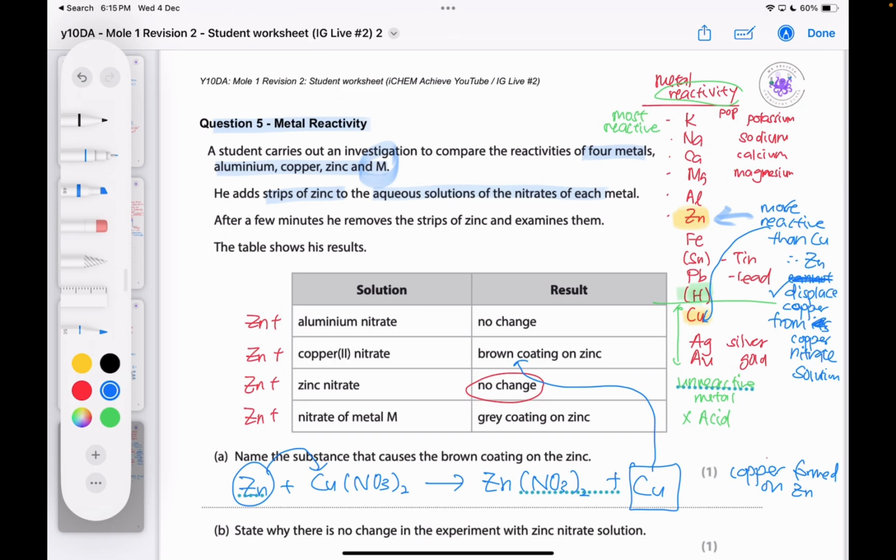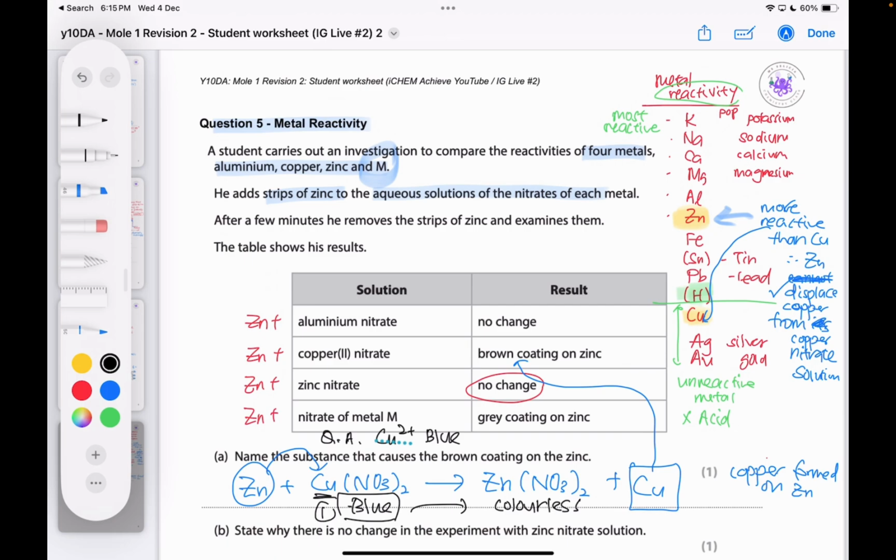So what other observation can you notice from here? If you remember your qualitative analysis, copper ion solutions are actually blue. So this solution is blue to start with, but at the end of the day, there is no more copper ion, so the solution will turn from blue to colorless.